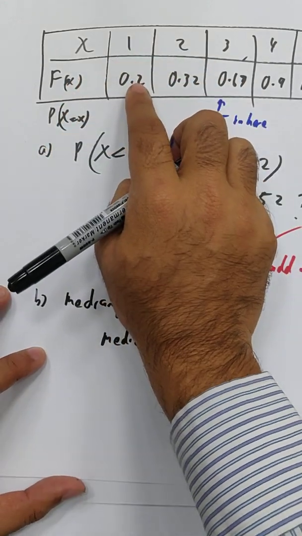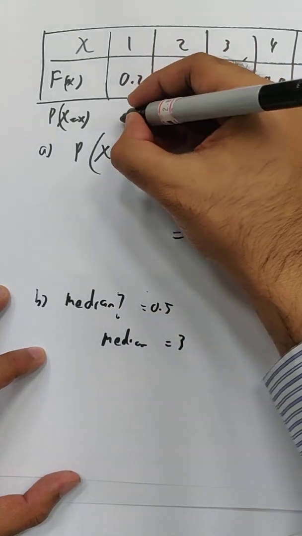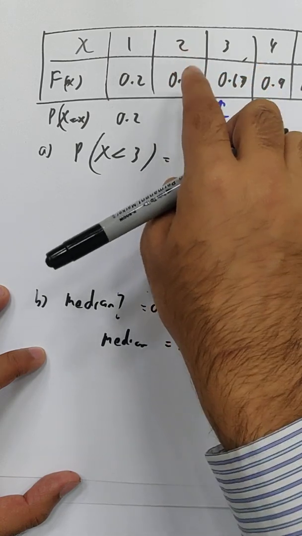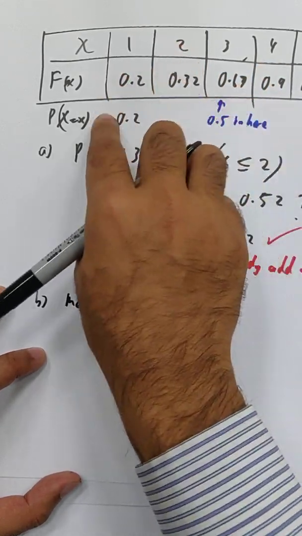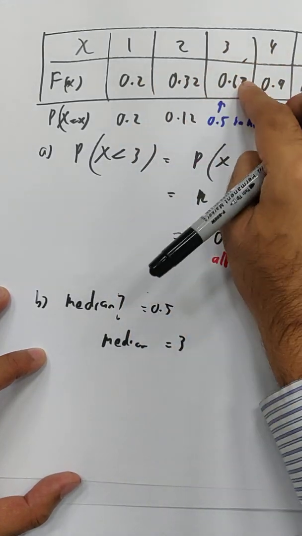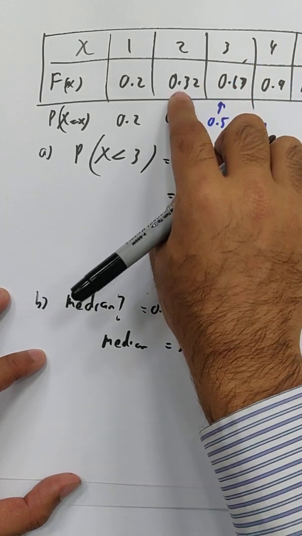Now, what probability for you to get 1? 0.2. Probability for you to get 2? 0.32 minus 0.2. How did we get here? Normally we add up, right? So we minus them back. 0.12. Probability for you to get 3? 0.67 minus 0.32.